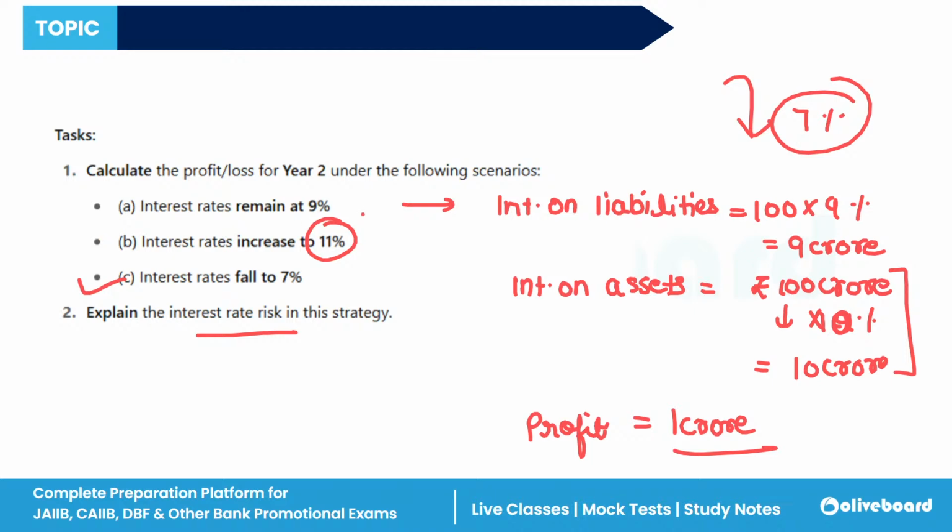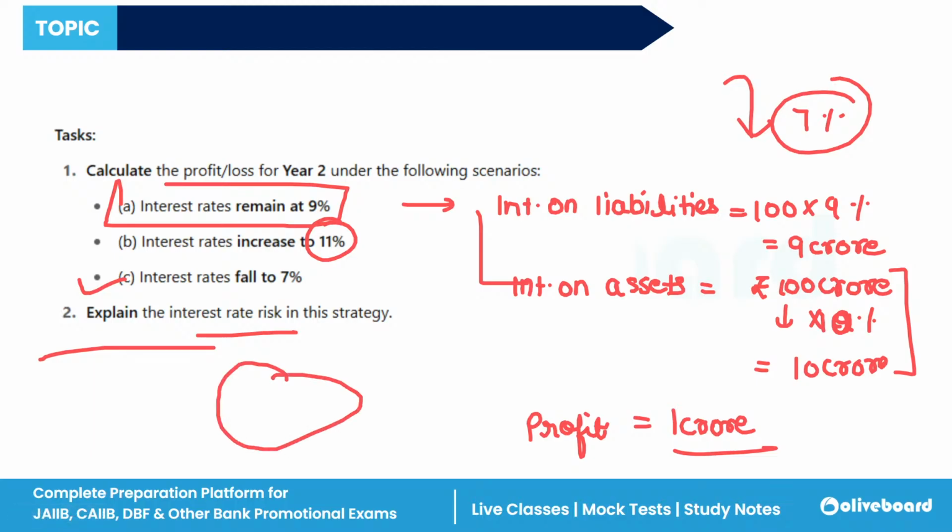You have to follow the same procedure we followed in section A. And if I talk about the interest rate risk in this strategy, assets are longer term while liabilities are shorter term. In year 2, the bank has to refinance its liabilities. If rates rise, profit falls or turns to a loss. If rates fall, profit increases.